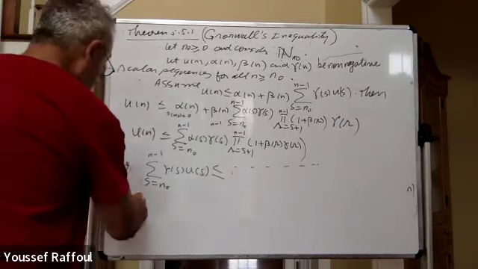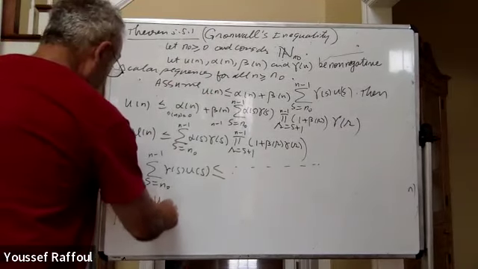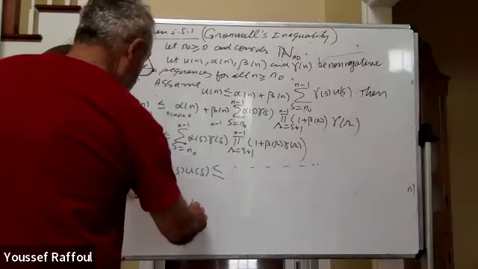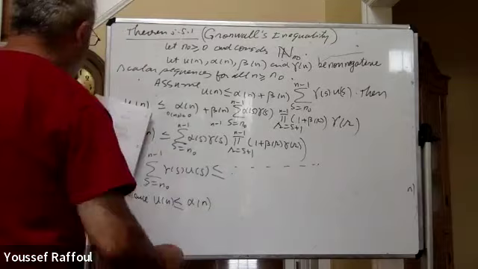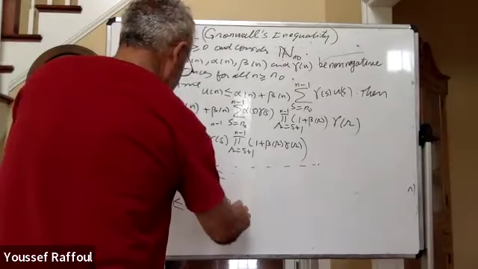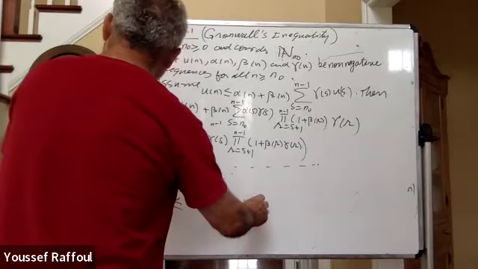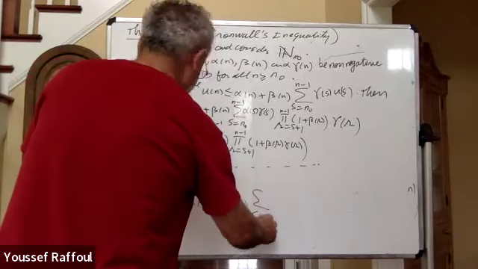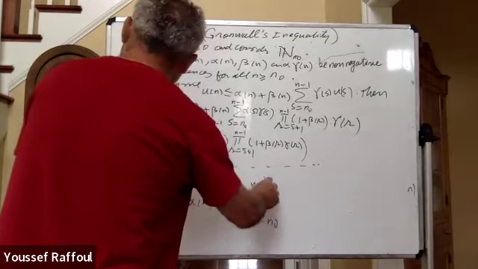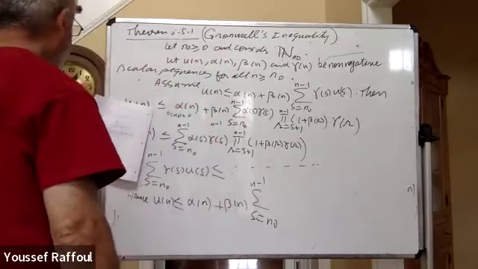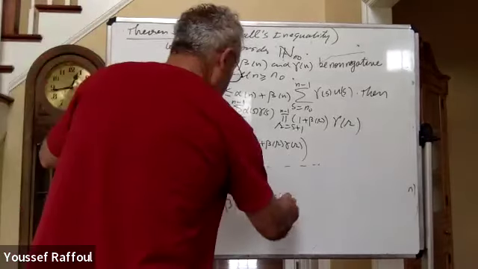Okay, hence un less or equal to alpha n plus beta n times the sum for s equal n0 to n minus 1 of gamma s us.